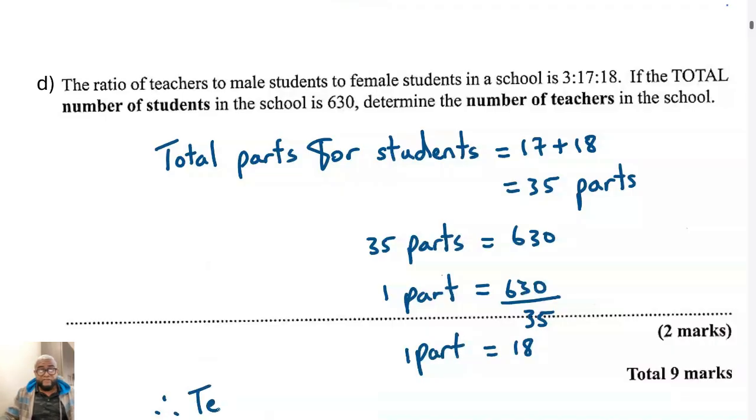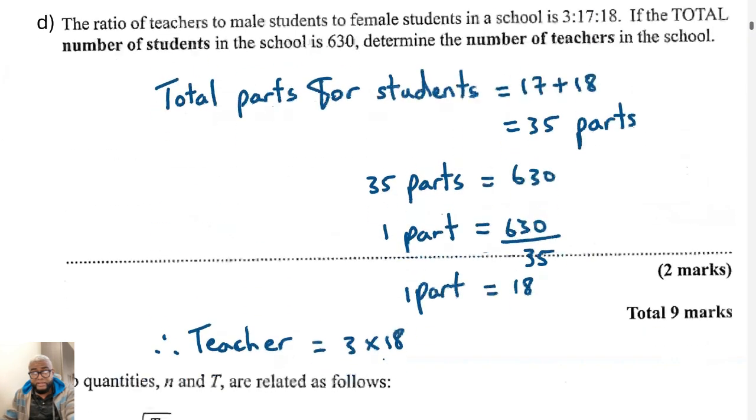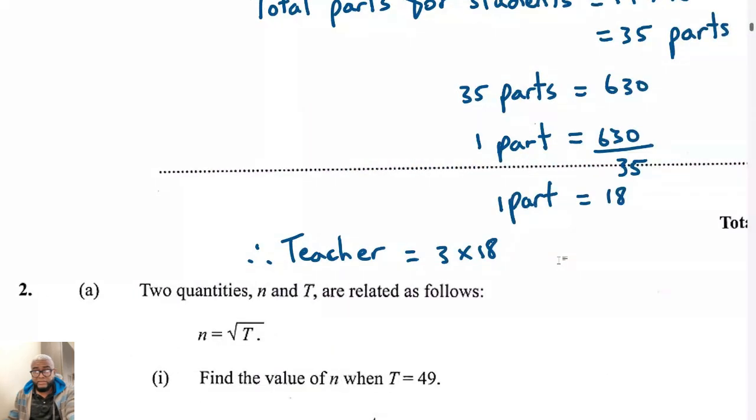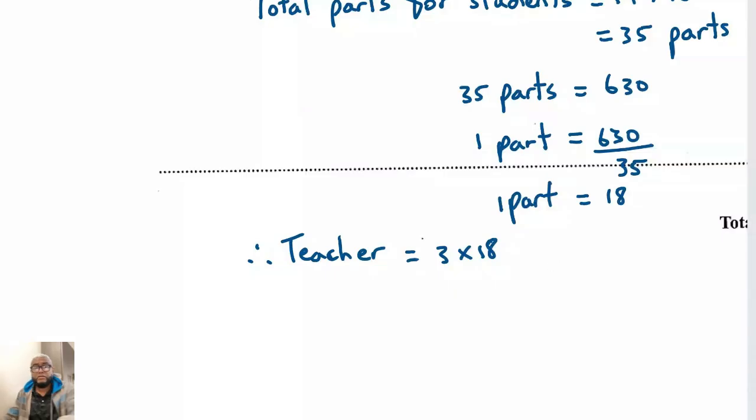So therefore, teachers, which are represented by 3 parts, would be 3 multiplied by 18 to give me 54. So we will get 54 teachers.